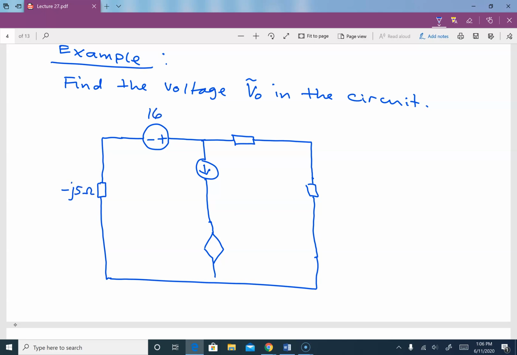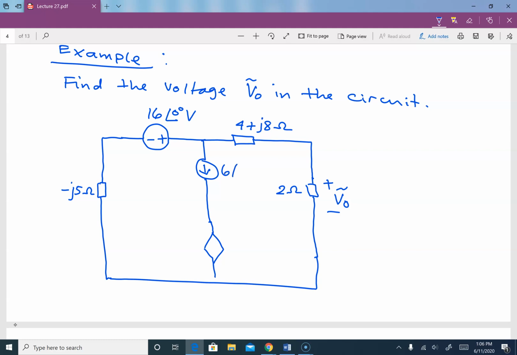This is 16 with angle 0 volt. This over here is 4 plus J8 ohm. This over here is 2 ohm, and we would like to find our V naught here.